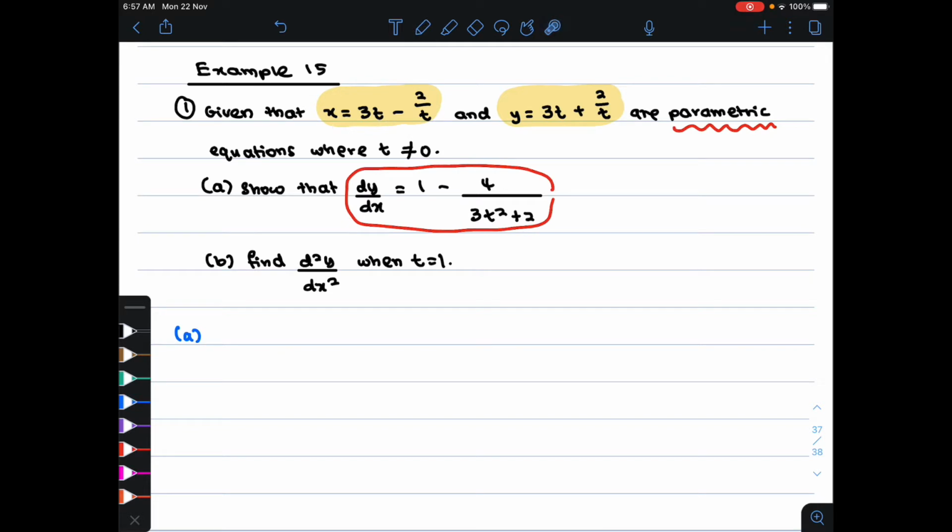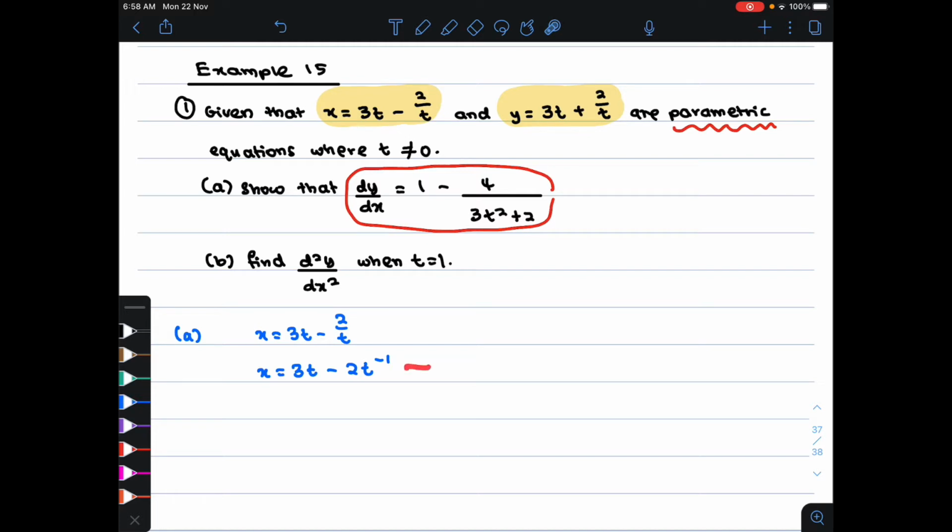So we know that to find dy/dx, we need to apply chain rule. So before we do chain rule, find dx/dt and dy/dt first. So x is equal to 3t minus 2 over t. In order to find dx/dt, we're going to do something to negative 2 over t first. So change this so that you'll get kt to the power of n. And x is actually 3t minus 2t to the power of negative 1.